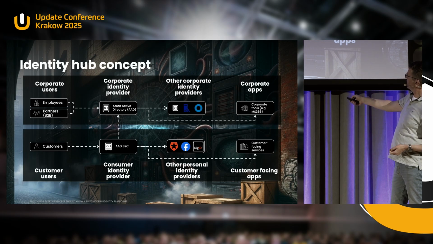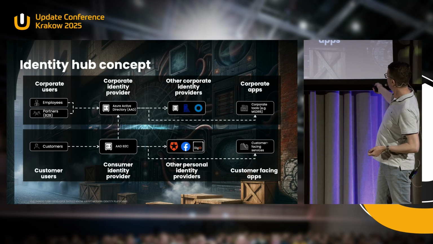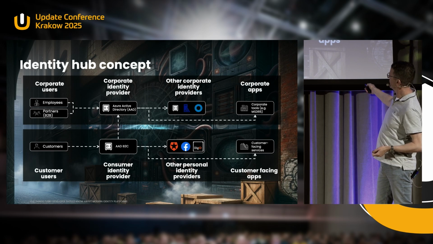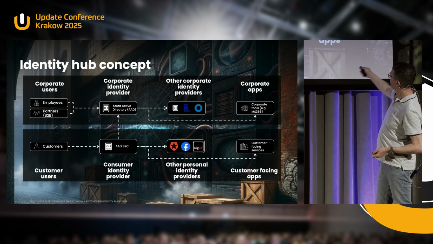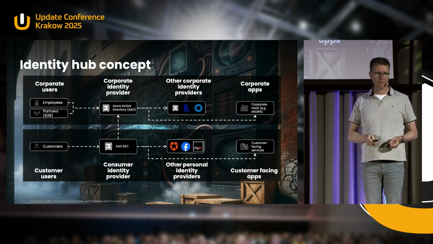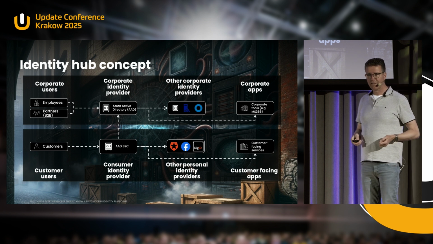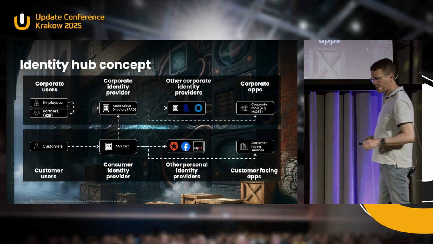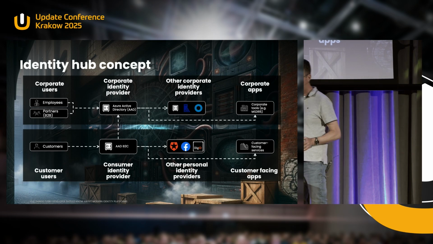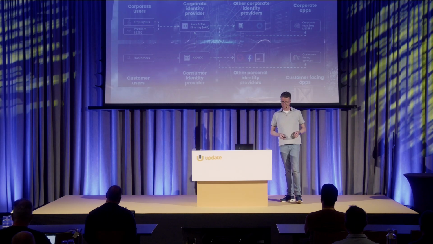And then by linking these two together, you can have this customer-facing service being logged in with anything that is from the top layer, or you can have corporate tools being accessible only through the top layer there. So by cleverly combining IDPs together, you can make it really easy for users to start accessing your systems while still being in complete control.